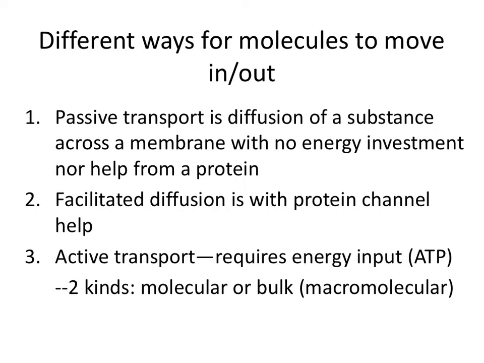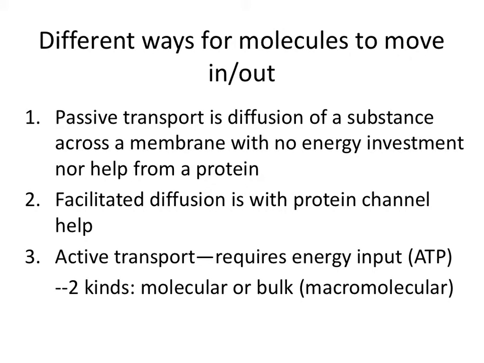Facilitated diffusion is still diffusion, so it's still what happens naturally from high concentration to low concentration, but there has to be a protein channel for that particle to go through. So it can't squeeze through the sandwich of the membrane, but it can make it through.